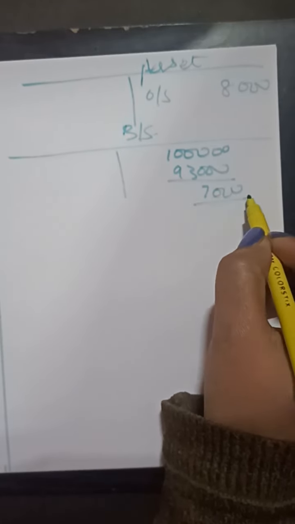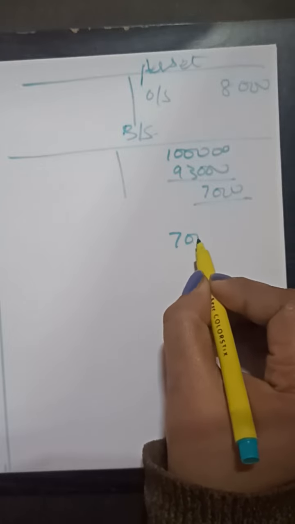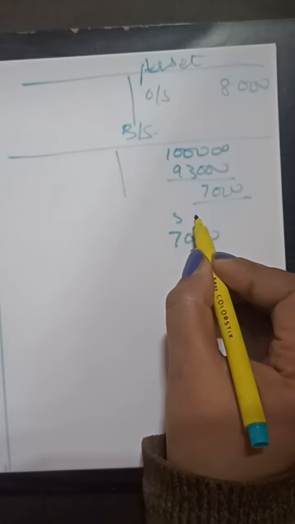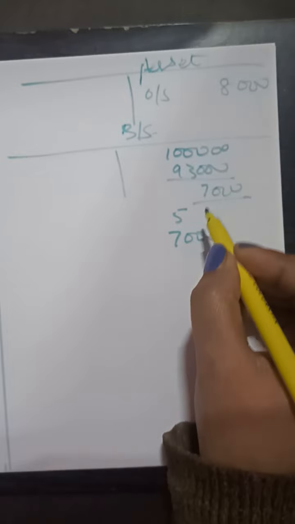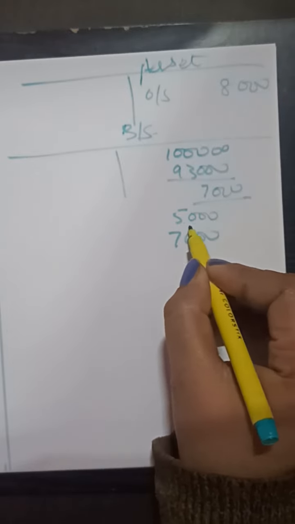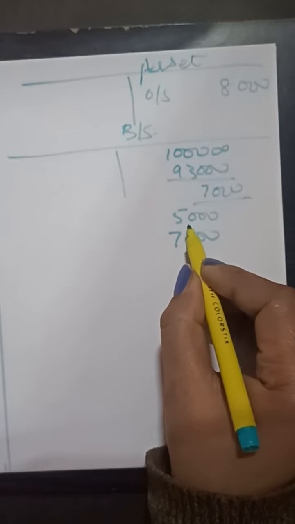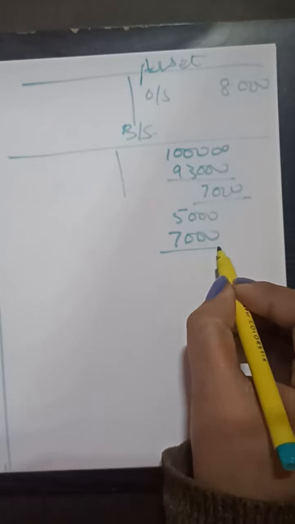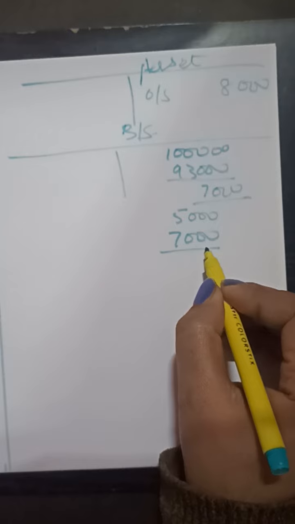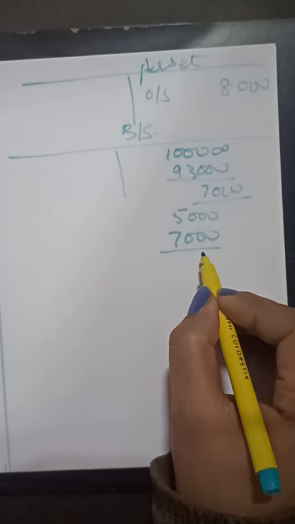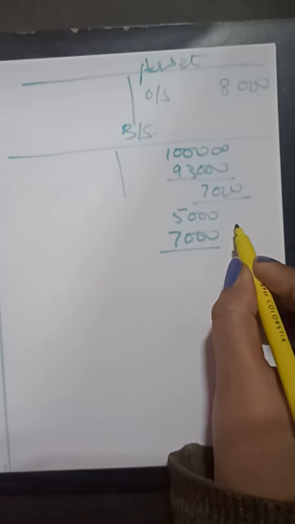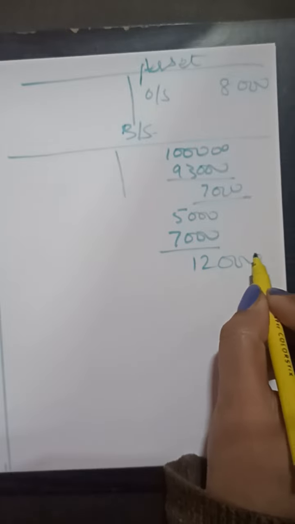Out of that, 7,000 is still outstanding, and 8,000 from the earlier year had been outstanding, of which 3,000 we received. So what is still outstanding is rupees 5,000. So what is still outstanding on the asset side relates to this year. How much is this year's asset in the balance sheet? This year's asset is a total of 12,000.